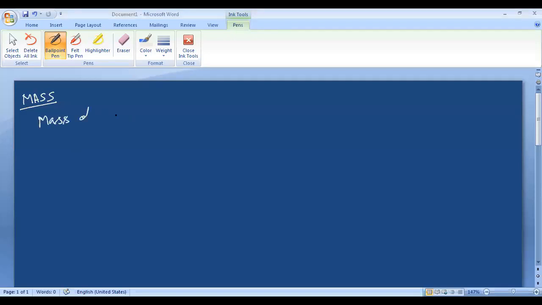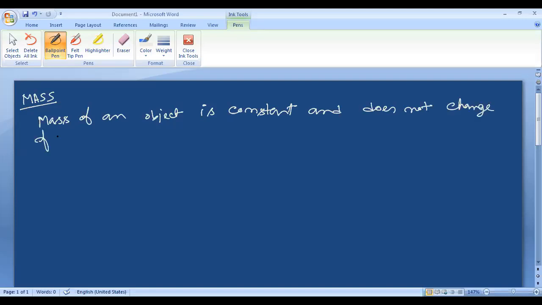All of you write down, mass of an object is. First, I will give some properties of mass. Mass of an object is constant and does not change from place to place.